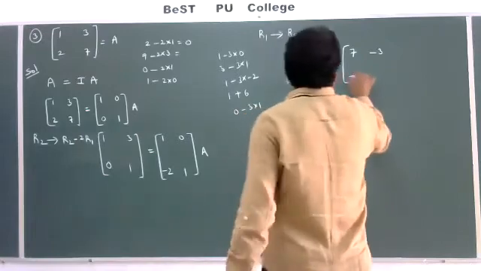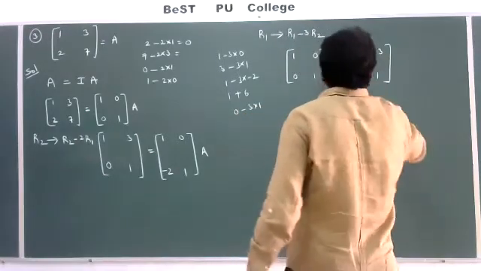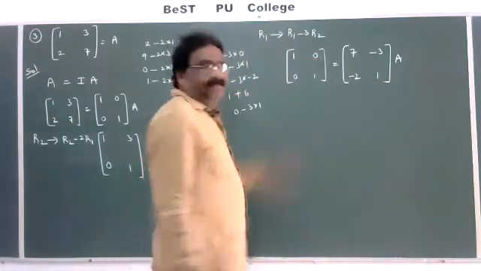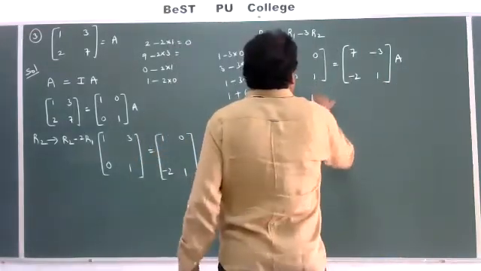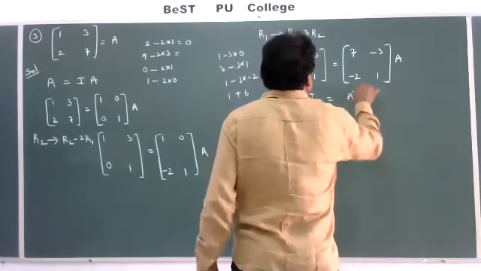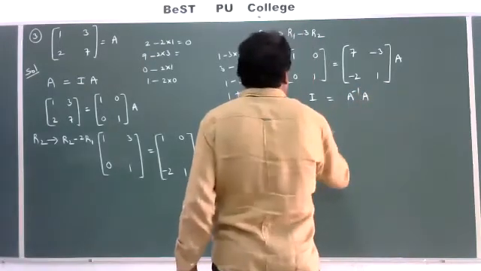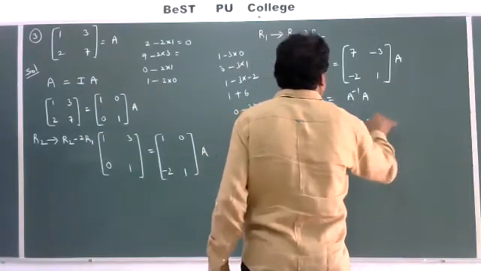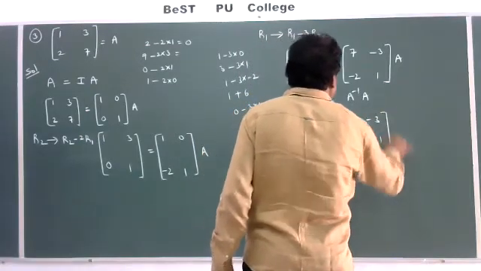The second row is same, minus 2, 1, into A. So here you get I, I is equal to A inverse into A. Therefore, A inverse is equal to the matrix 7, minus 3, minus 2, 1.